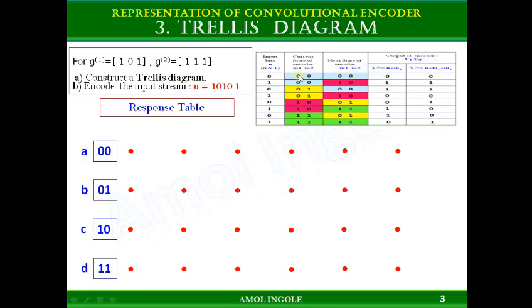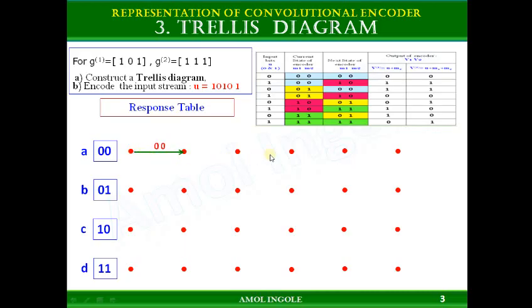So when 00 is the initial state and 0 input is given, there is no change in the next state, right? You will remain in the same state. This can be shown with a line like this. You were in the 00 state, input 0 was given, so you will go to the next state, which is again the 00 state, right?